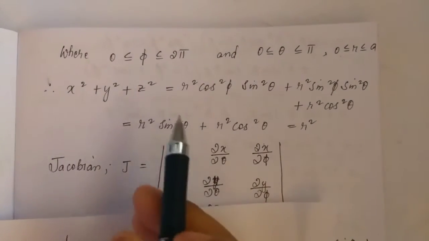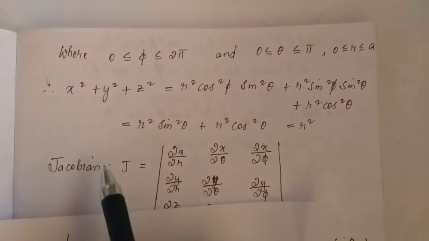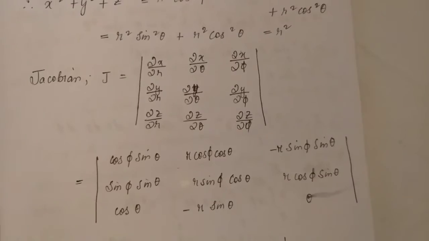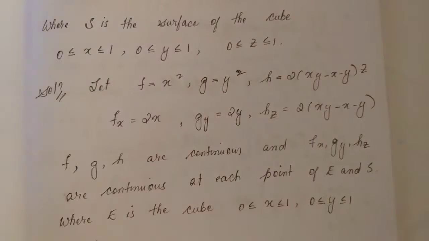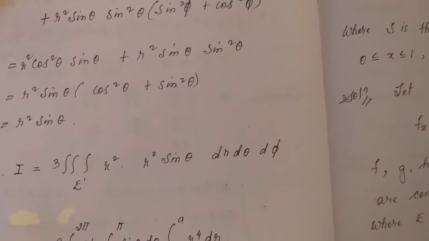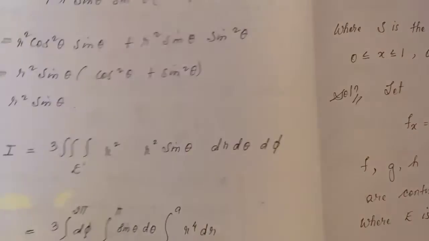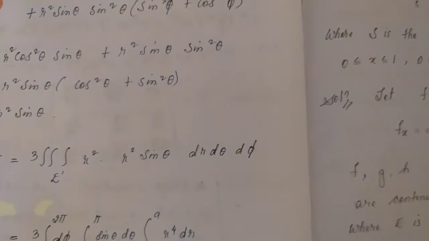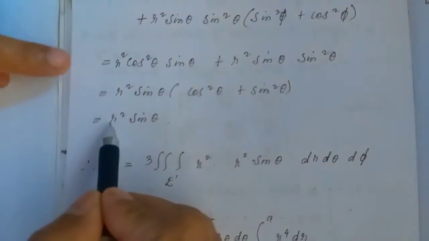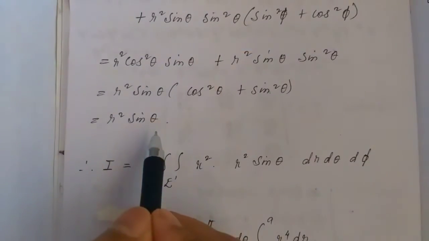Since we are changing to polar coordinates, we have to find the Jacobian. After all the calculation, we will get r square sine theta as our Jacobian.